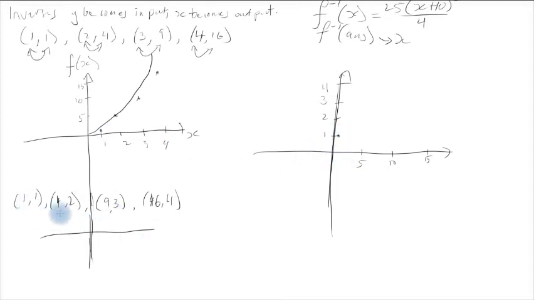Second point, 4, 2. Third point, 9, 3. And fourth point, 16, 4. So this one has more of that sort of look. Where this one comes up, this one goes across.